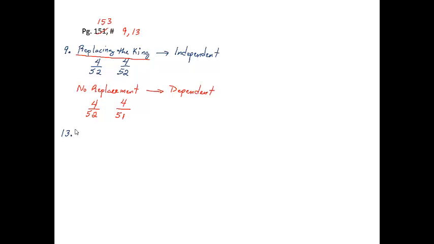All right, number 13. It says rolling a 6-sided die and then rolling the die a second time so that the sum of the two rolls is 5. Well, are these events independent or dependent?